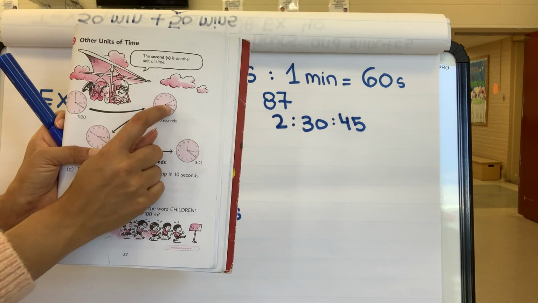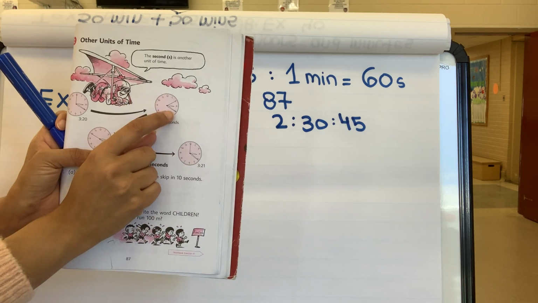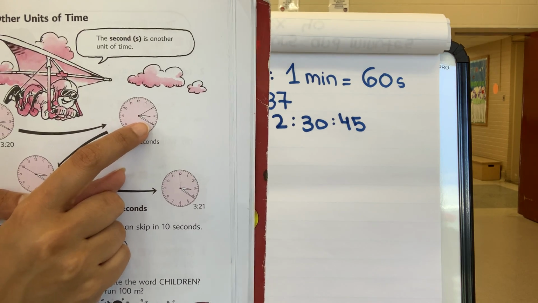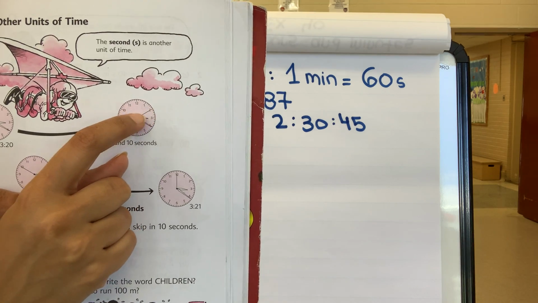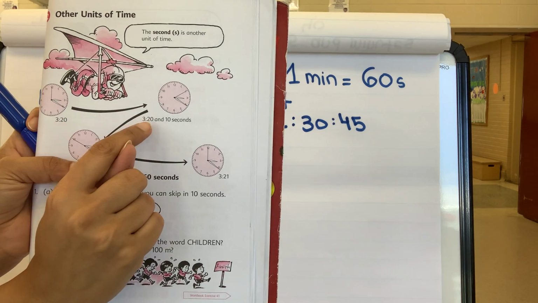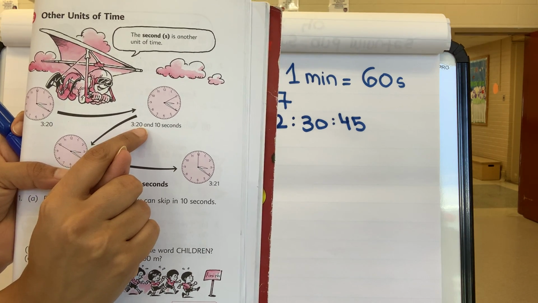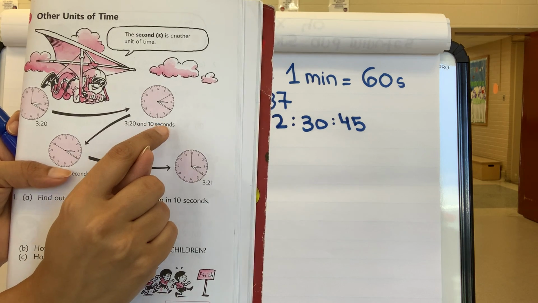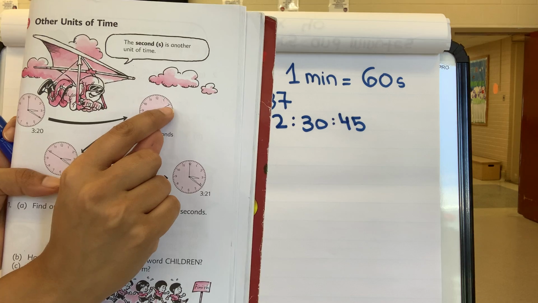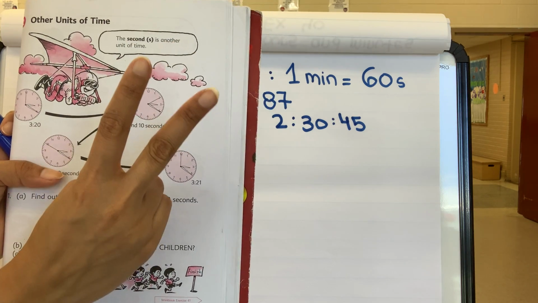So I have my hour hand, which is the short hand. I have my minute hand, which is the long hand. And then I have my very skinny hand, which is the seconds hand, okay? So this clock is showing me 3 hours, 20 minutes, and 10 seconds. Because look, my skinny hand is on 2. And if you remember, 2 does not mean just 2.